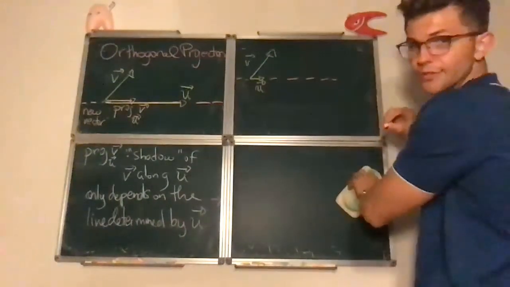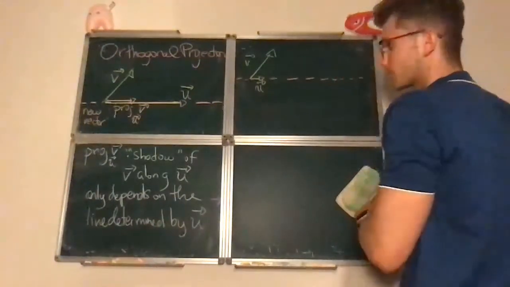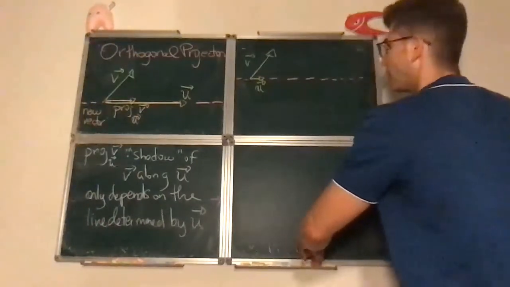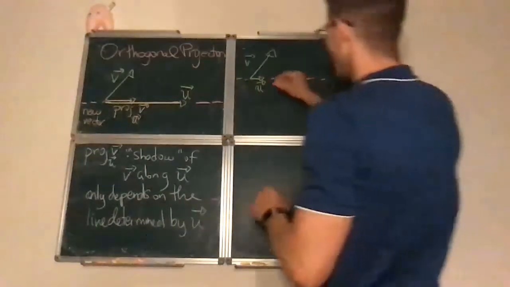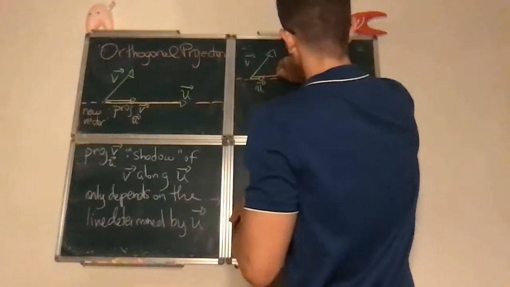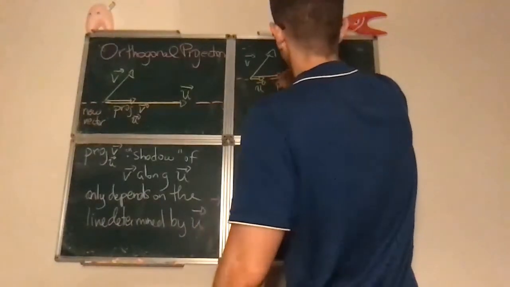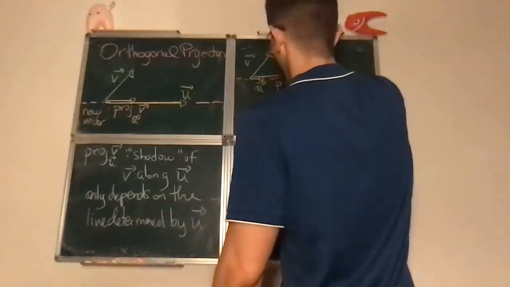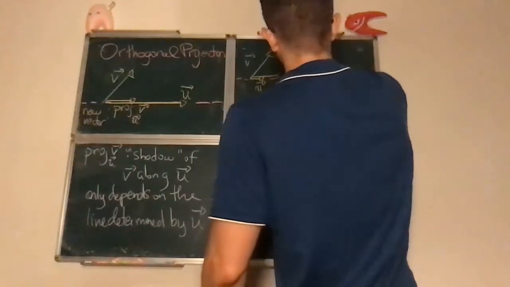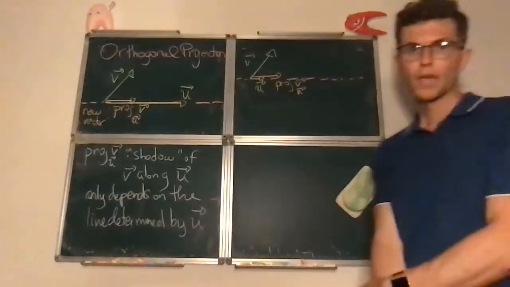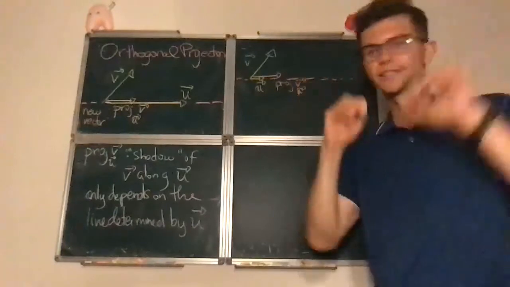You still have the same line, and hence the orthogonal projection or the shadow will be the same exact vector. So it will be still the projection of v along u.